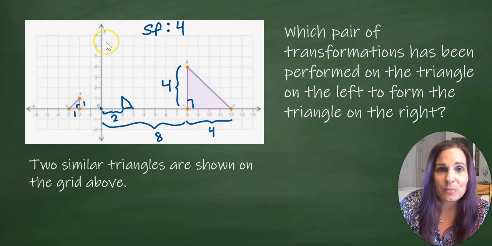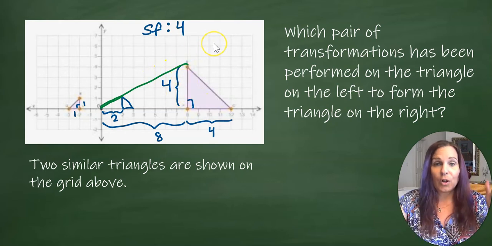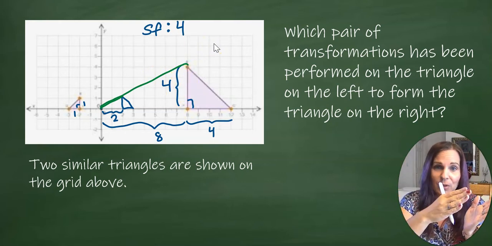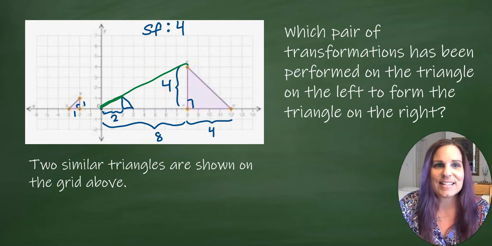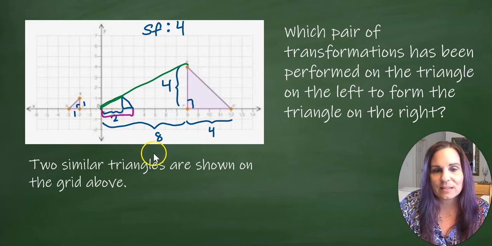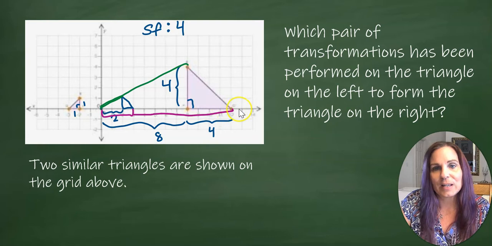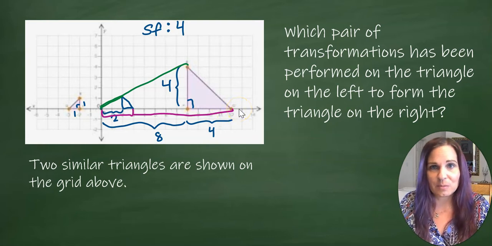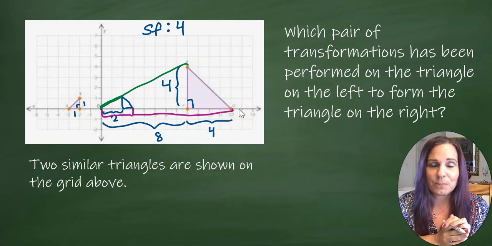The same thing would happen if we were to measure this distance from the origin to the top point, right? And then from the origin to the new top point, the larger one would be 4 times the smaller one. And you guessed it, same thing would happen if we did it to that last remaining point. The distance from 0, 0 to this point, and then the distance from 0, 0 to this point, the new one is 4 times the distance of the original.